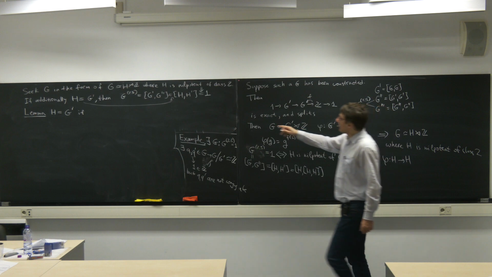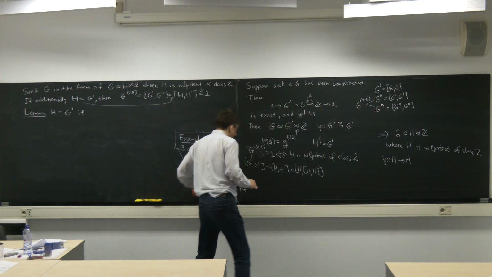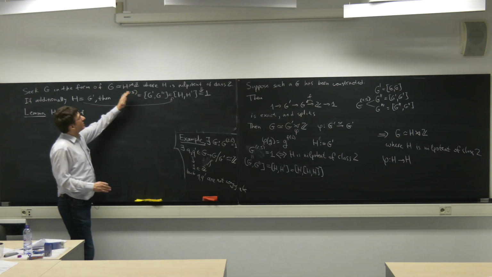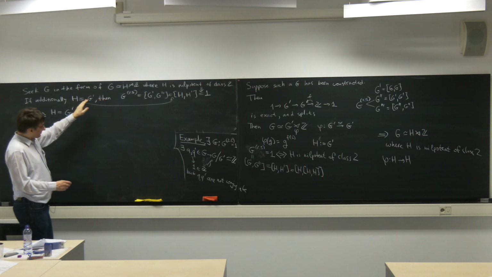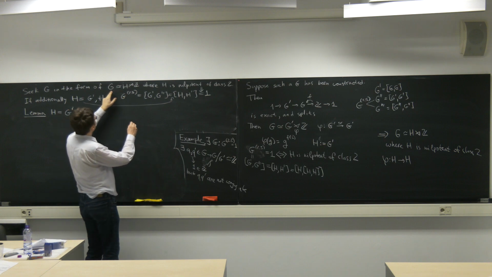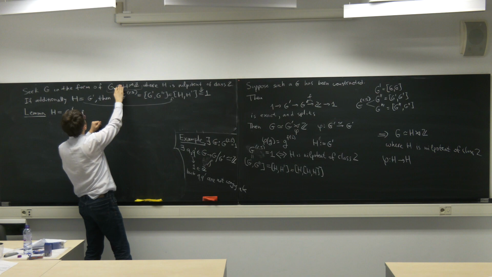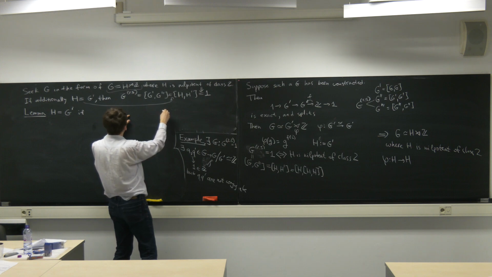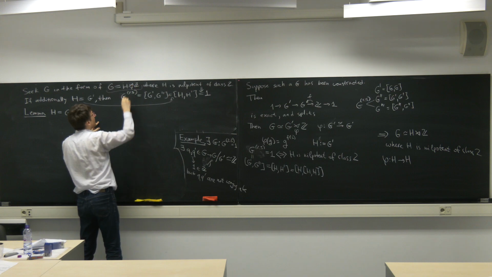But okay, maybe I should forget this all and write here, because here we don't know that H equals G prime. So here we know that G is isomorphic, or I should say equal actually, to this semi-direct product, and here there is some phi.